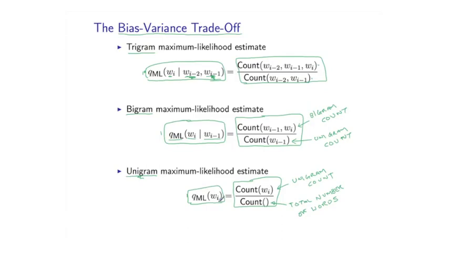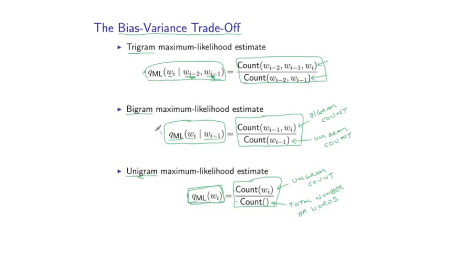Conversely, however, the trigram maximum likelihood estimate has this problem that many of these counts will be equal to 0. So we need a very large number of training samples to get an accurate estimate of the trigram maximum likelihood estimate. Conversely, for the unigram estimate, these counts will converge relatively quickly to their expected values, and this estimate will quickly converge to the true unigram distribution underlying the data.